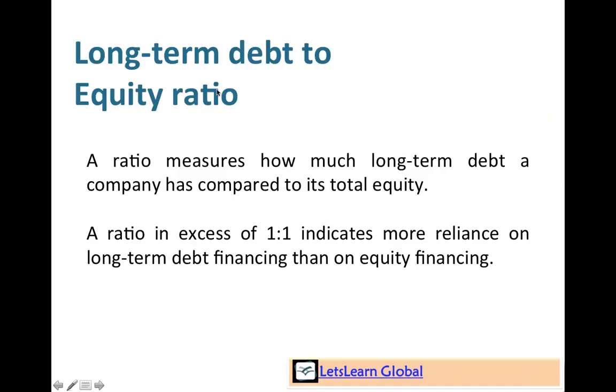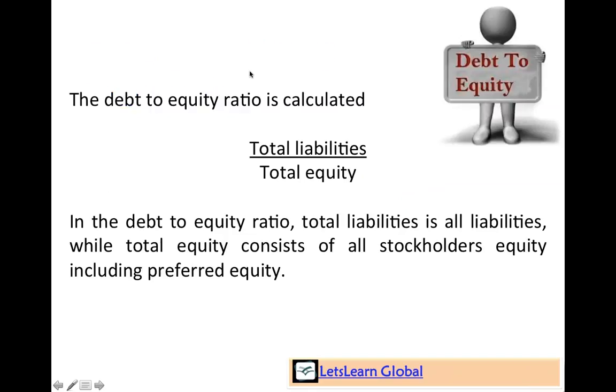Then the long-term debt to equity ratio. When we think of this debt to equity ratio, total debts, total liabilities, as I told you, are current liability and long-term liability. We don't have any issue with current liability. Why? Because the major portion of current liability is made up of accounts payable. Accounts payable is a spontaneous credit given by the suppliers, so you don't have any terms, conditions, hard rules, etc. But in the case of long-term loans, you have to meet lots of standards to get the loan.